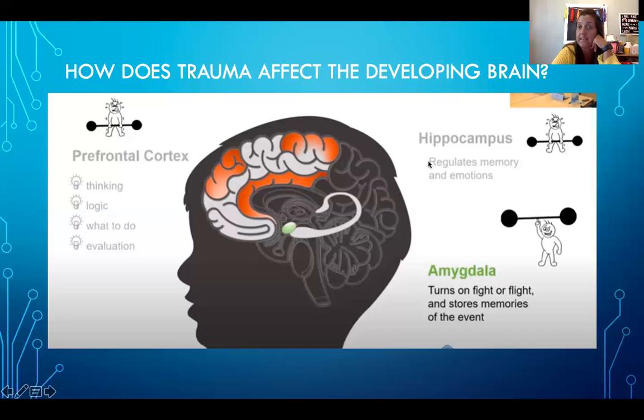And that's why we might see children who have been exposed to chronic trauma who might not be able to learn very well, and they also might not be able to control their emotions very well. All right, this is all a symptom of that chronic trauma. And it isn't just a coincidence, it's actually something that has happened within their brains. And that's kind of why you see this little picture of the amygdala guy who's so strong and these guys who are just really struggling.